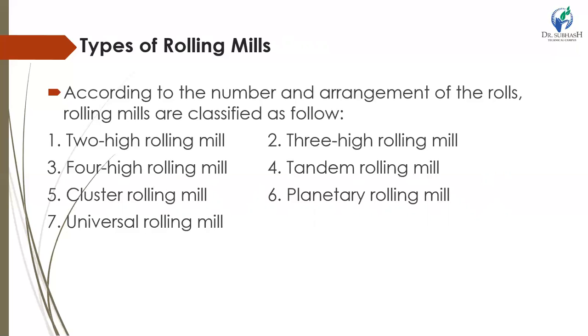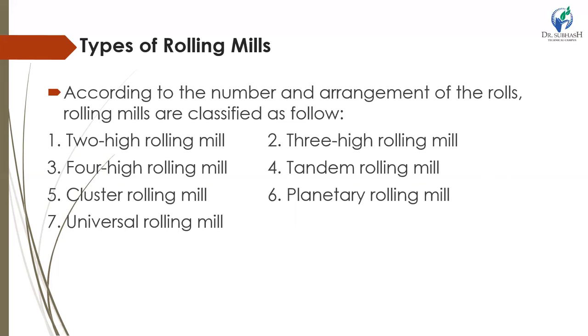Fourth one is the tandem rolling mill. Fifth one is the cluster rolling mill. Sixth one is the planetary rolling mill. And the last, seventh one, is the universal rolling mill.